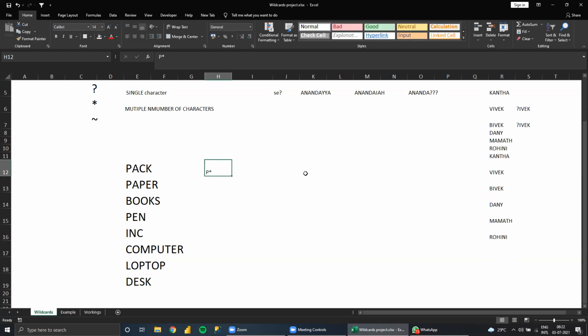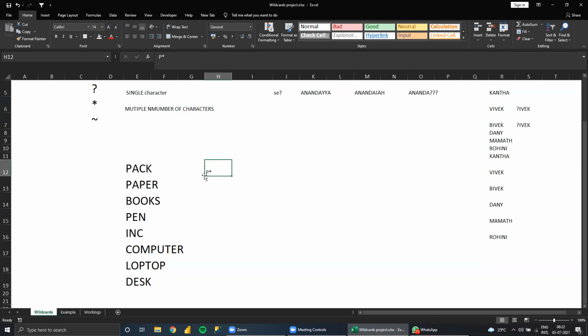Star means whatever specific letter I use first, and star means any character, any number of characters, multiple characters, no limit. Question mark is only a single character, star is multiple characters.